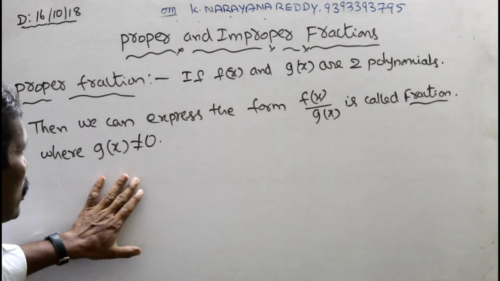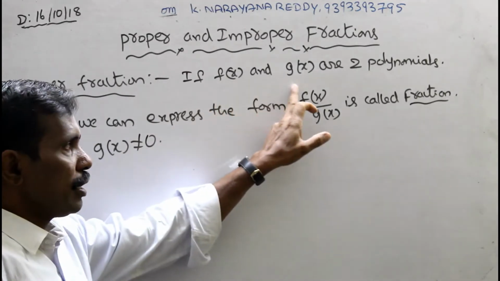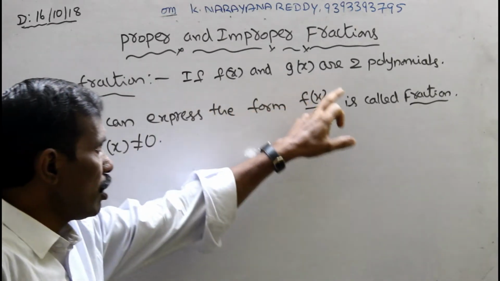So these two are polynomials, and this is called a fraction.